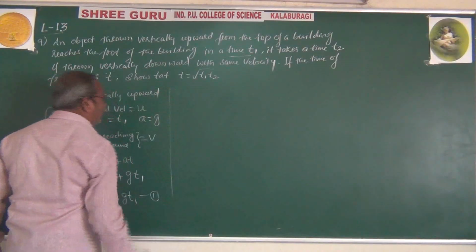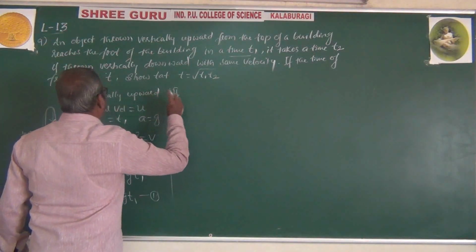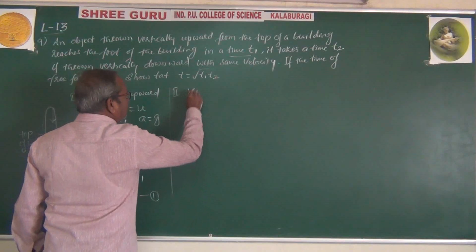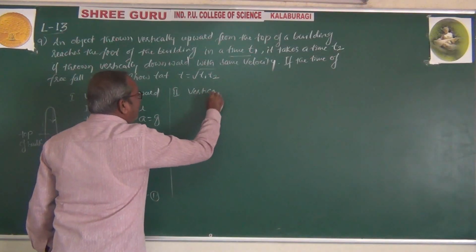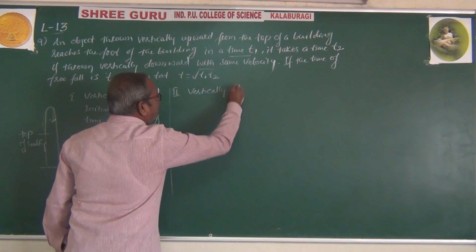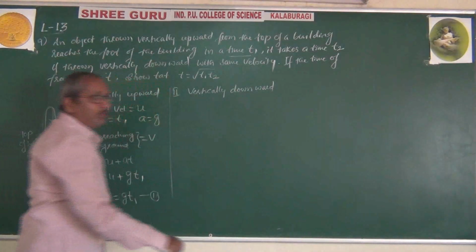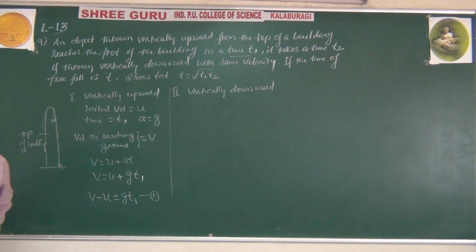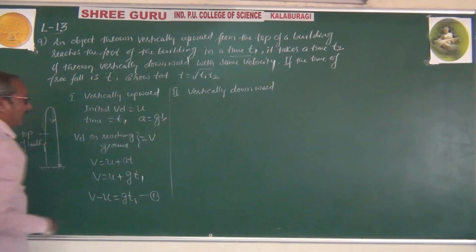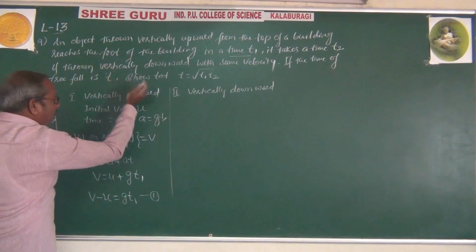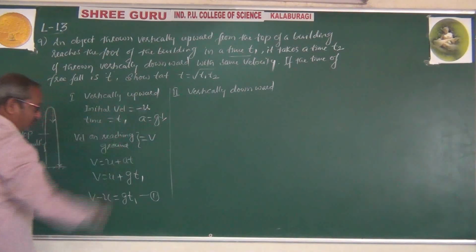Now in the second case, it is thrown vertically downward with the same speed. Look here, one thing: vertically upward, and a equal to g we are taking vertically downward, so the initial velocity upward goes to negative.